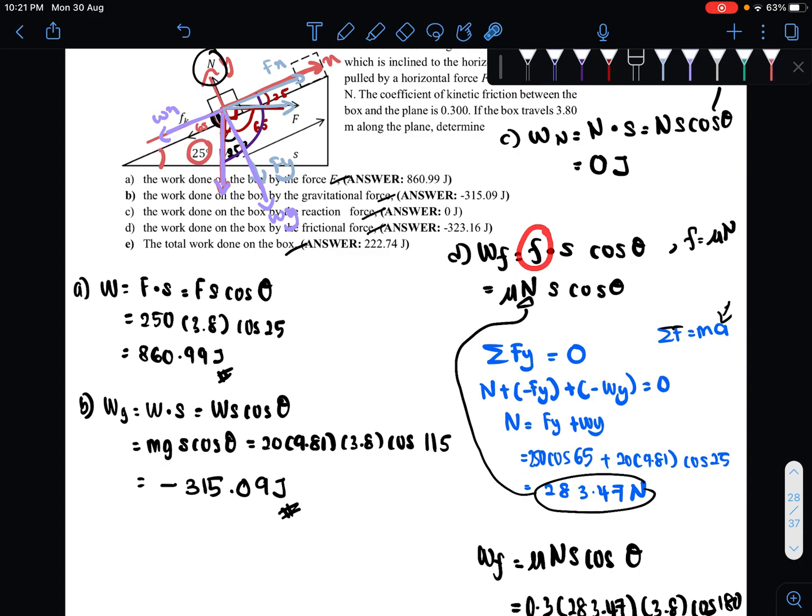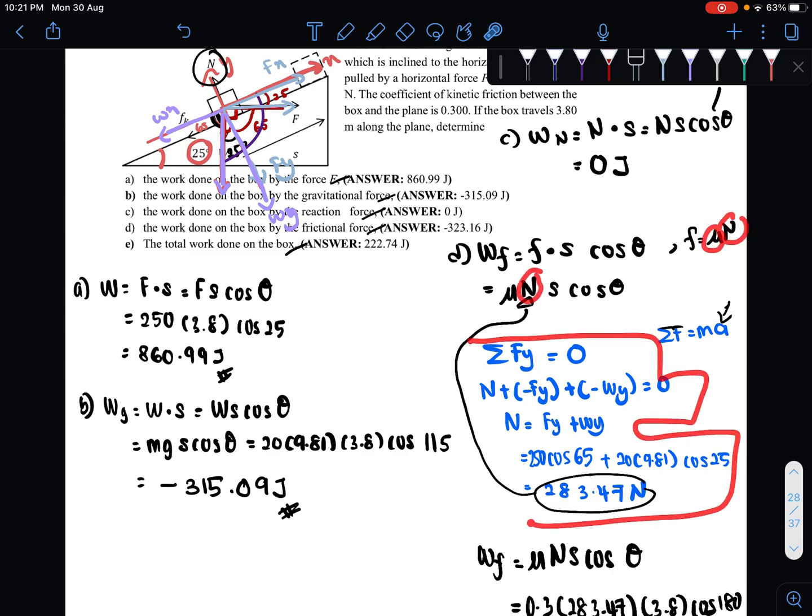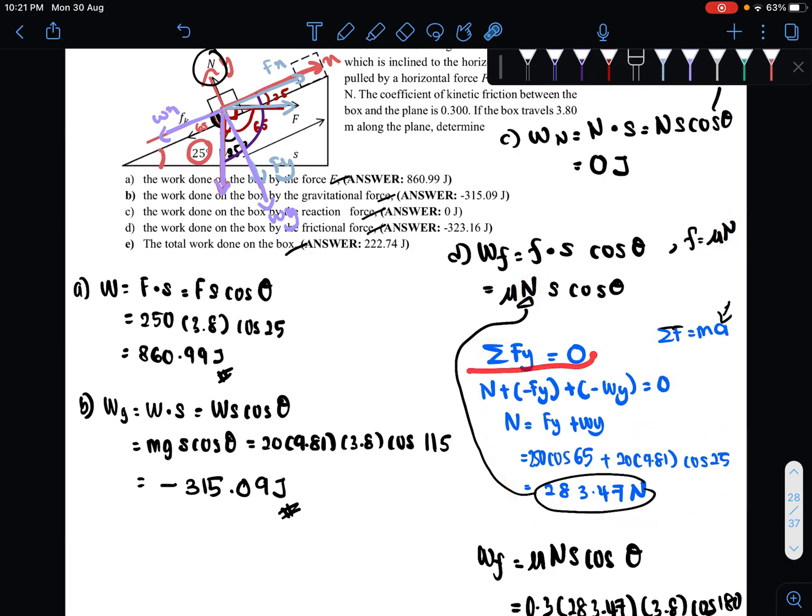Okay, disebabkan nilai frictional force is not given in the question, so kita tengok pada equation frictional force. How do you find frictional force? Adalah coefficient of friction darab dengan normal force. So normal force is another value that we do not know in the question. So apa kita buat adalah kita berbalik ke chapter 4. We are going to solve the x-axis and also y-axis to find the normal force.